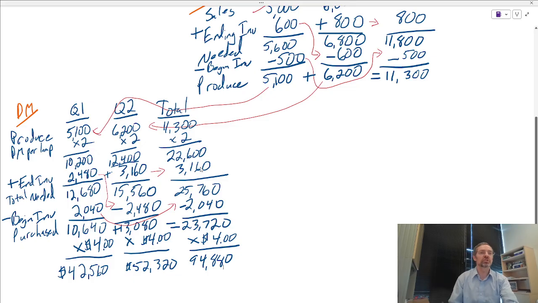And that should equal, again, our total cost from Q1 and Q2. All right, so this is, again, the direct materials budget. What this does is it tells us how much direct materials we need to purchase every quarter so that we can manufacture the lamps that we are planning on manufacturing.